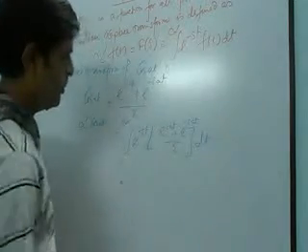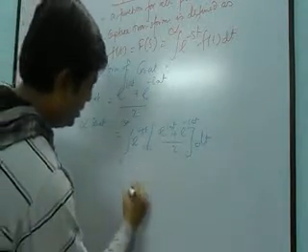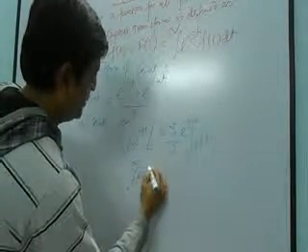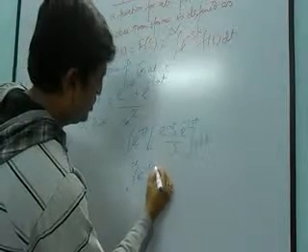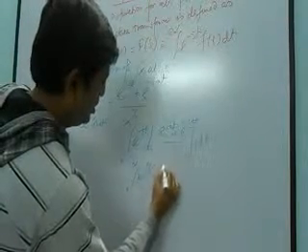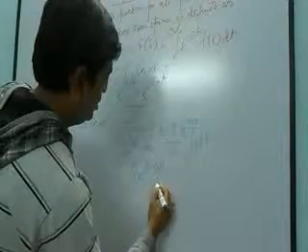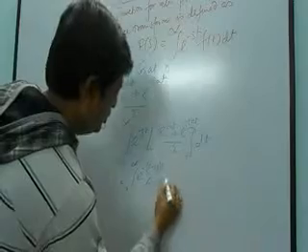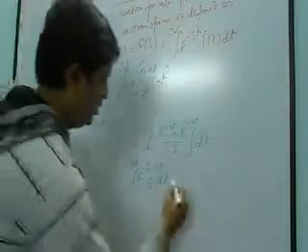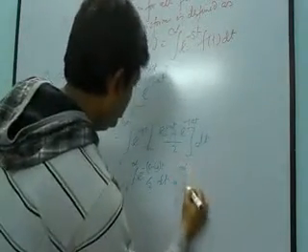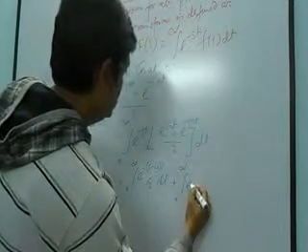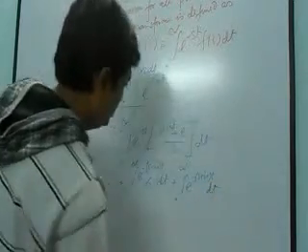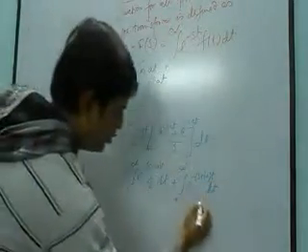That is equal to the integration from 0 to infinity of e to the power minus (s minus ia)t divided by 2 dt, plus the integration from 0 to infinity of e to the power minus (s plus ia)t dt divided by 2.